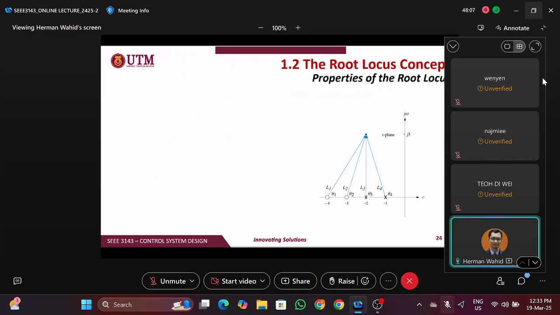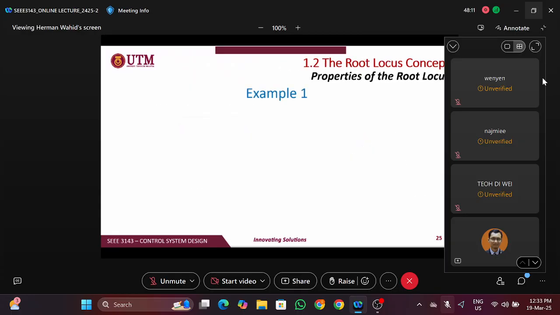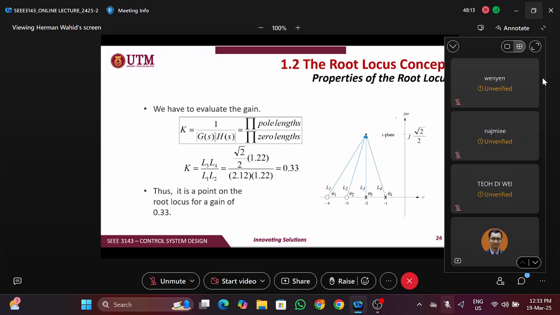So we test with the same thing. Just now we used the angle criteria, but now we are using the new value of the testing pole here, which is negative 2 plus j 0.707.